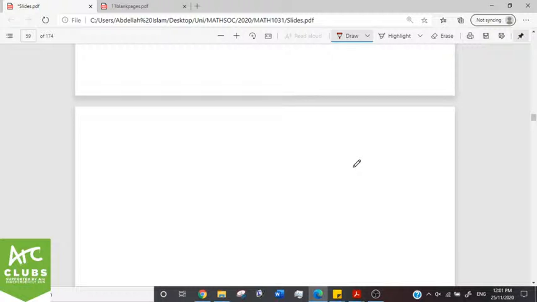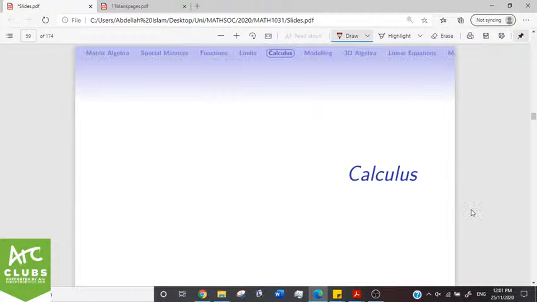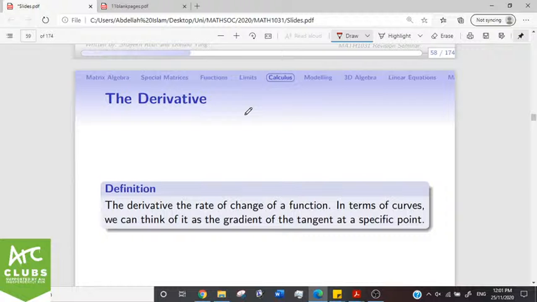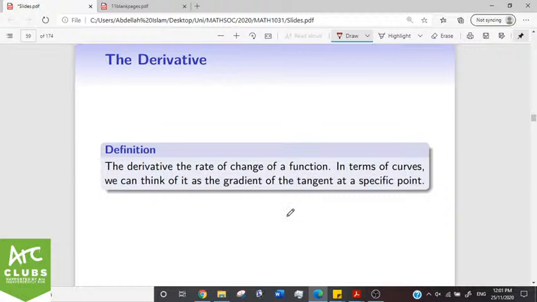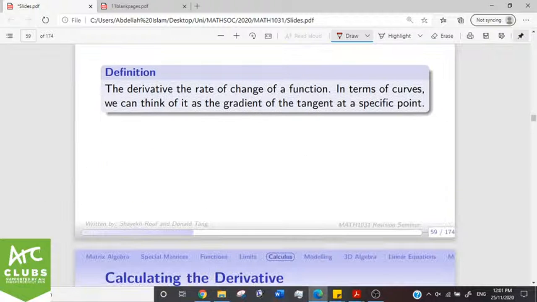Okay, so we're ready to tackle this beast now, called calculus. This starts with the derivative. The derivative is really the rate of change.